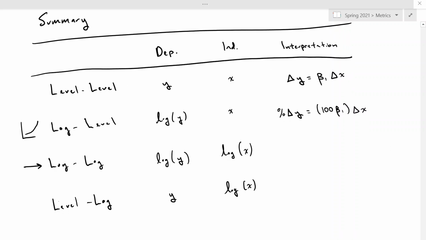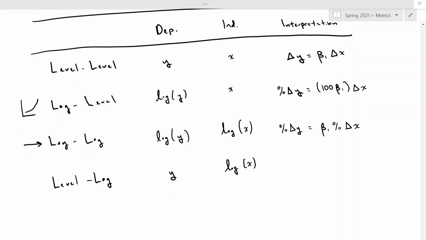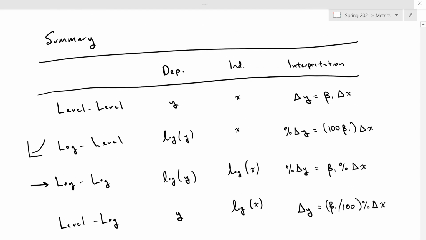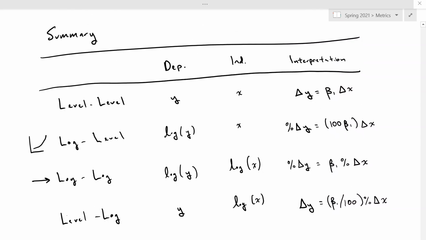And then the log-log is the percentage change in y with respect to a percentage, beta 1 percentage change in x. And I'll just include it here, but for the last one, it's the level change in y with respect to a beta 1 percentage change in x. Okay, and so that gives us a summary of what we've talked about.